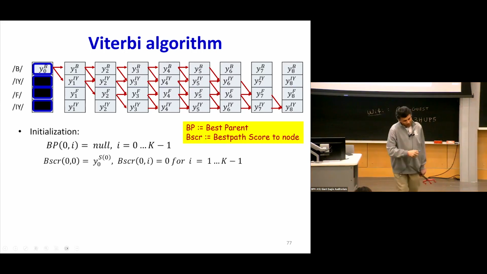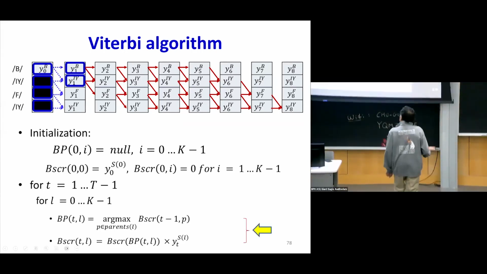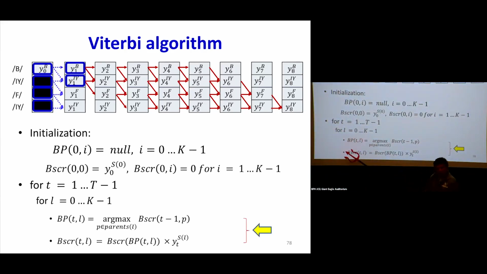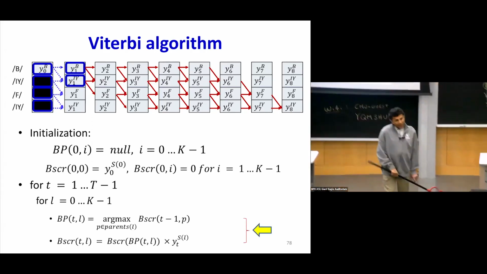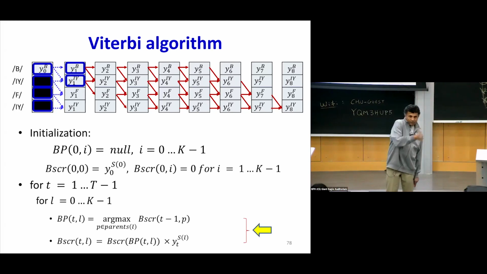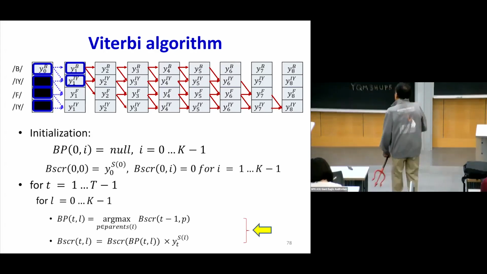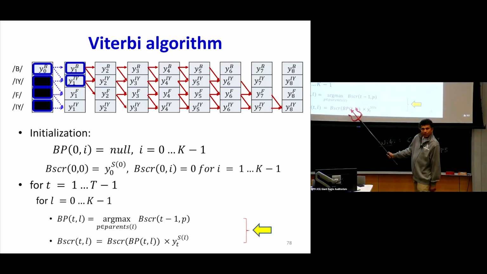And then when you go down to the next time, you're going through all of the nodes. And for each node, first you find out who the best parent is, right? And you store that information. Then, because in the previous column you already computed the best path probabilities to all the nodes, you just multiply the best path probability of the best parent node with the probability of the current node.